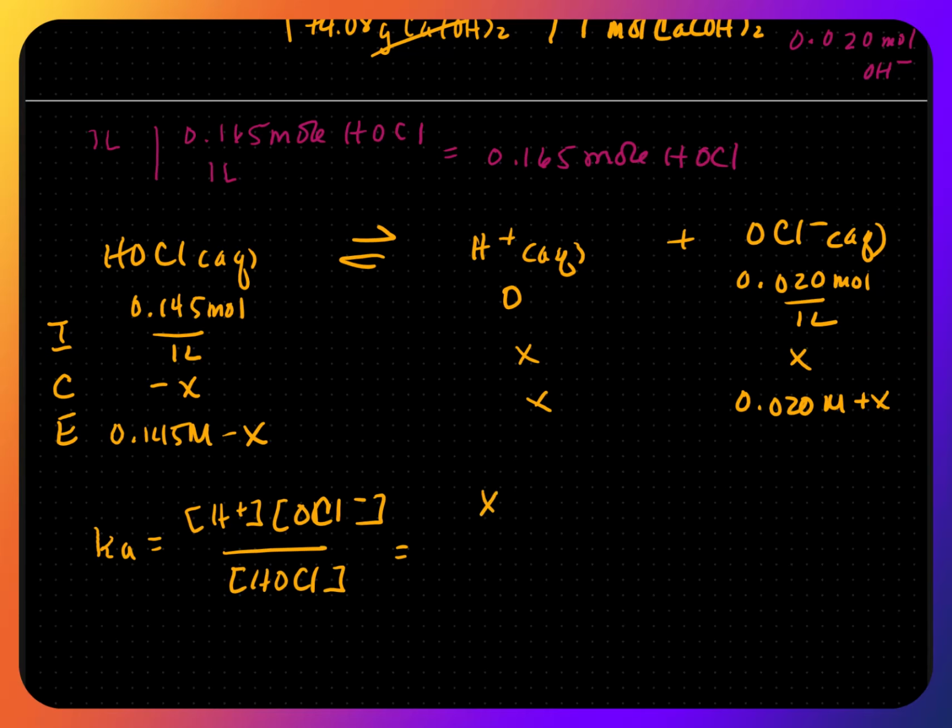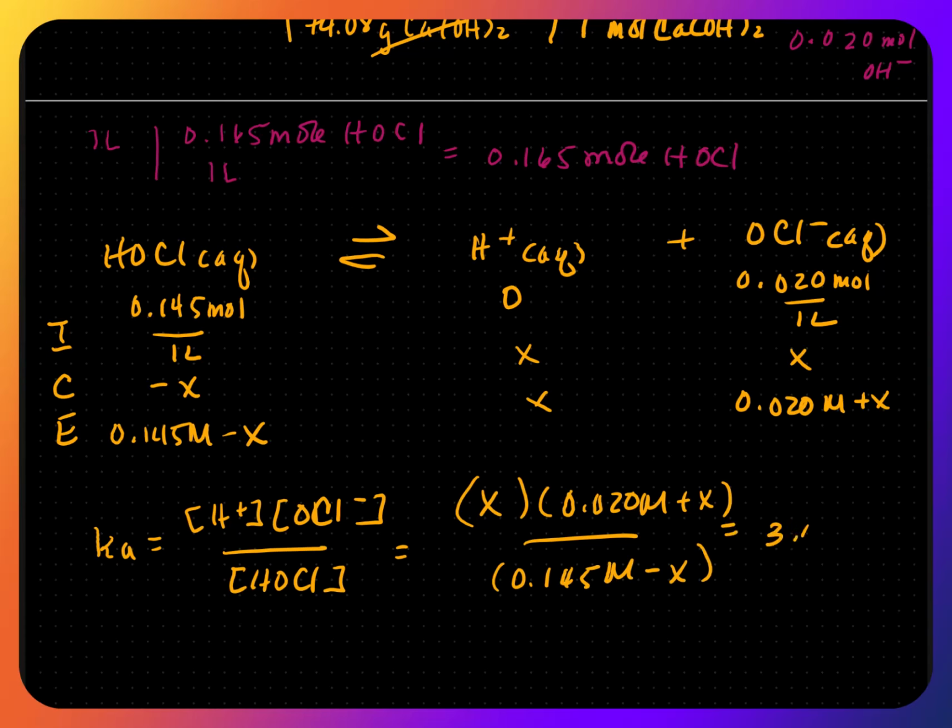Plugging in, this is X times 0.020 molar plus X over 0.145 molar minus X. This is going to equal 3 times 10 to the negative 8th.